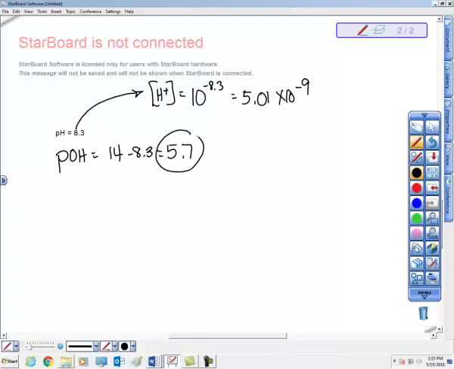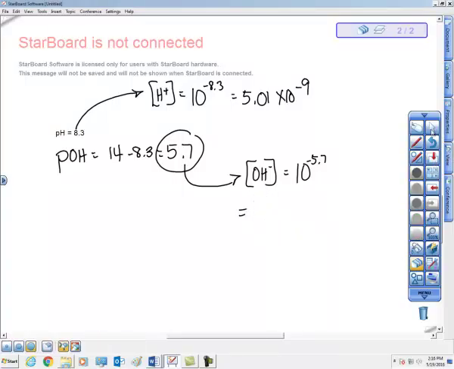Let's do this guy. This is your pOH. So to get to concentration OH, I would do 10 to the -5.7. So I have to do that on my calculator. You got that weird decimal thing going on. So shift log -5.7. And this one is going to give me about 1.995. Hold on, 1.995 is no good.